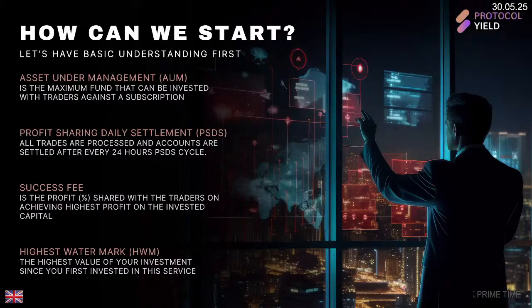This is basic, right? But they only claim the next profit when they surpass their previous highest profit. So every time they need to exceed their previous HWM to claim a profit. Okay. So until then, whatever profit is coming, it's our profit.